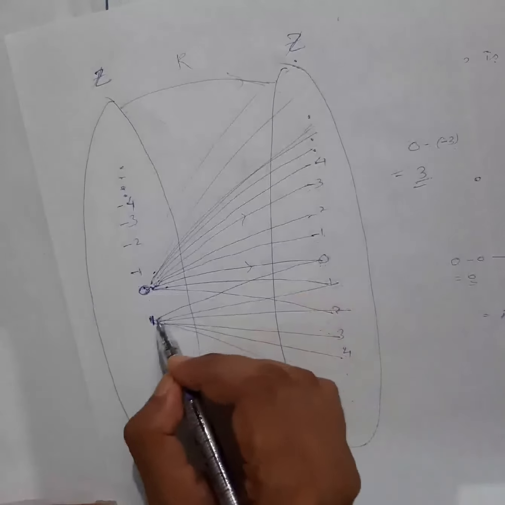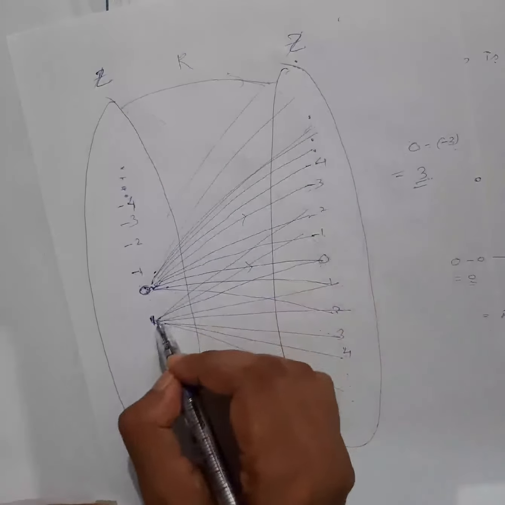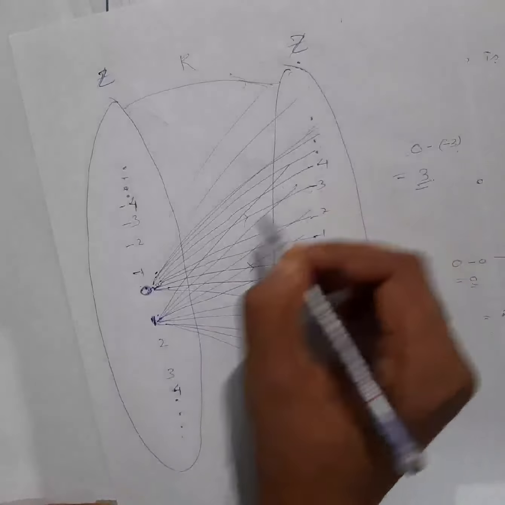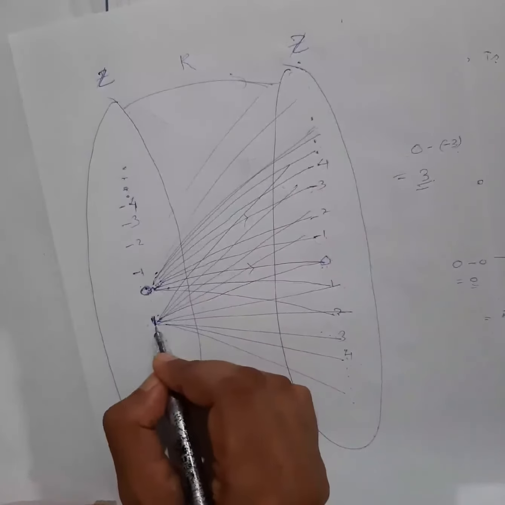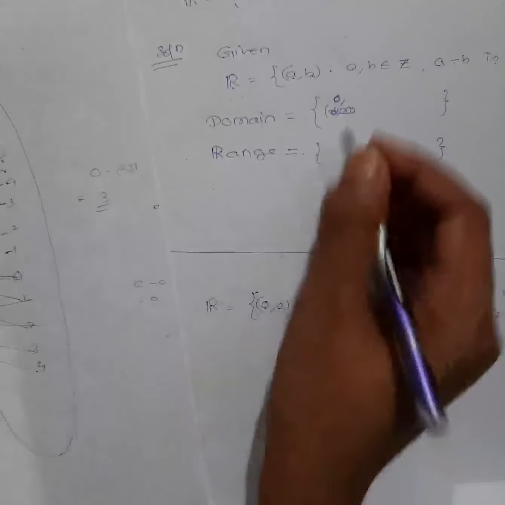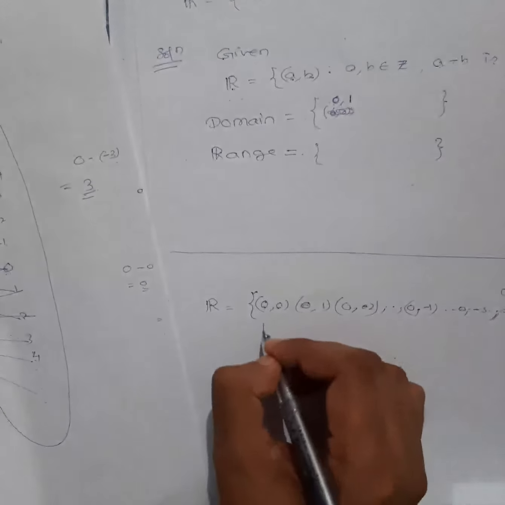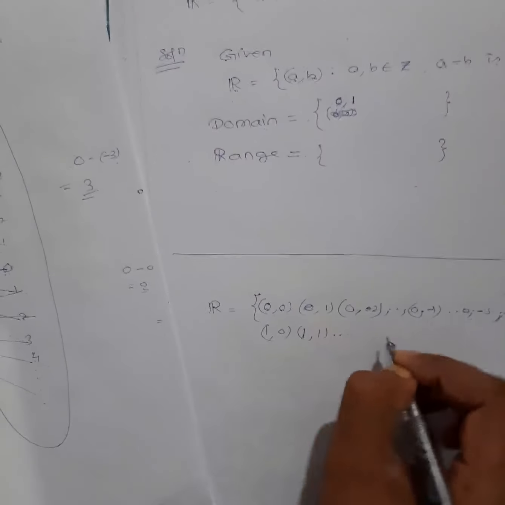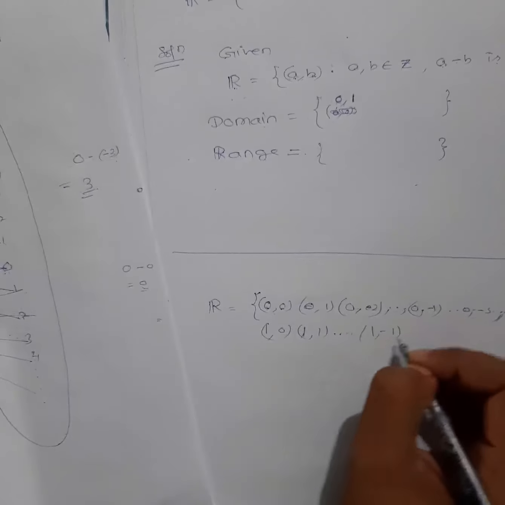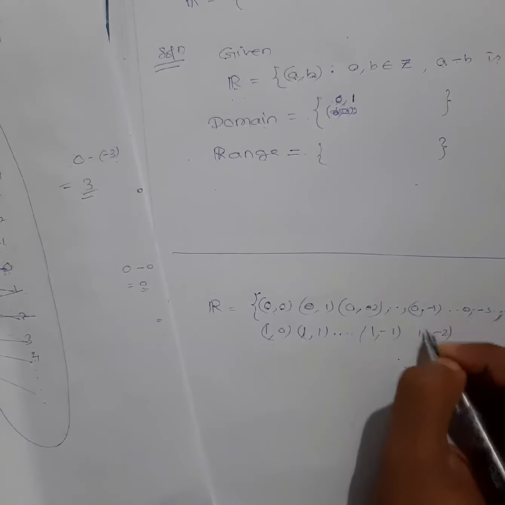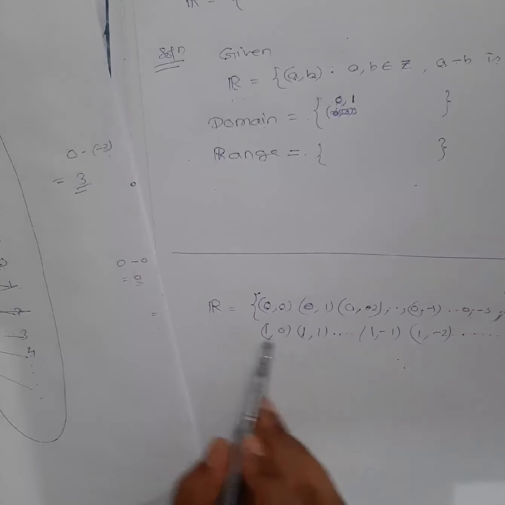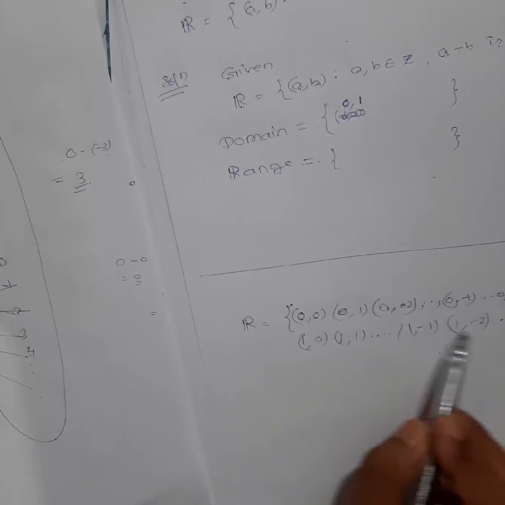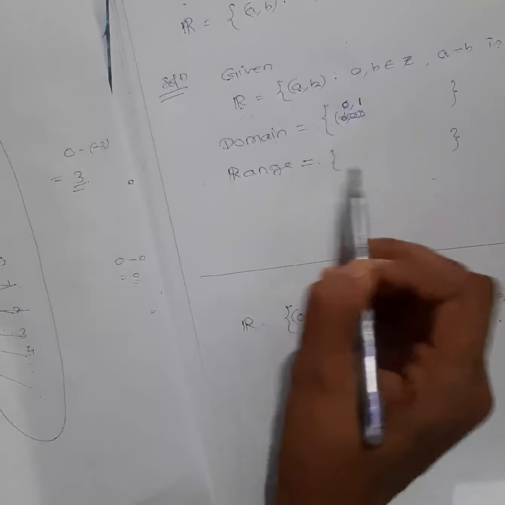Here also negative values will be related like this. All will be related to 1. So 1 also has an image, right? So 1 also will be there. So here 1 0, 1 1, dot dot dot, then 1 minus 1. I hope you can understand now. In this way many elements. Now I don't need this set, I'm just explaining this so that I can get the domain and range.